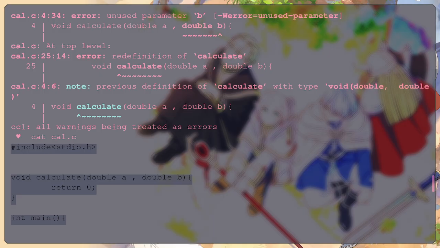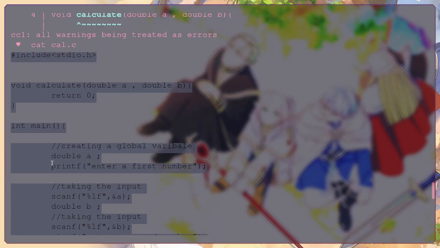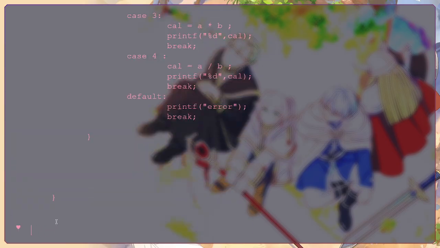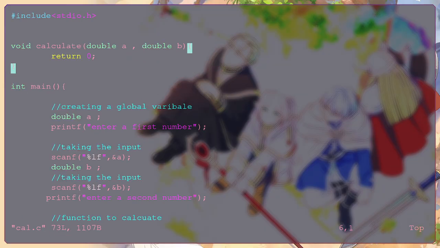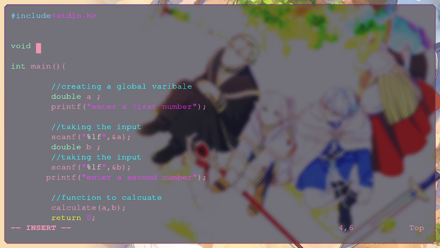Now introduce a new program where it is defined twice. It prints garbage output. Vim calc.c.